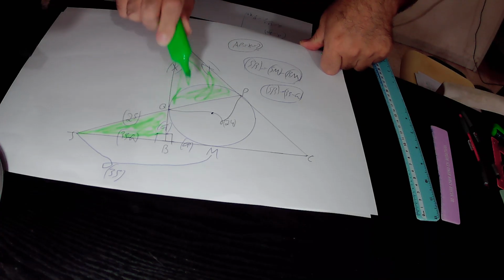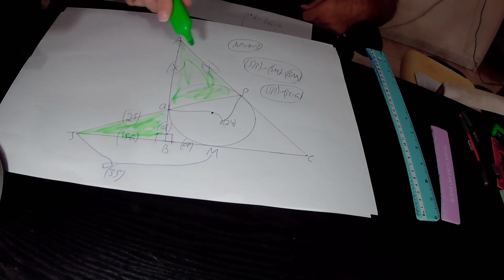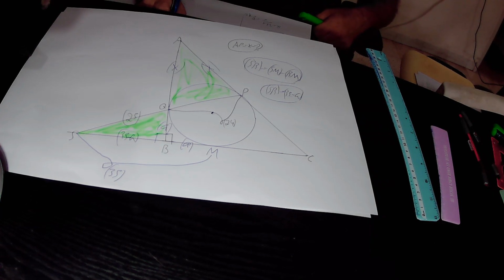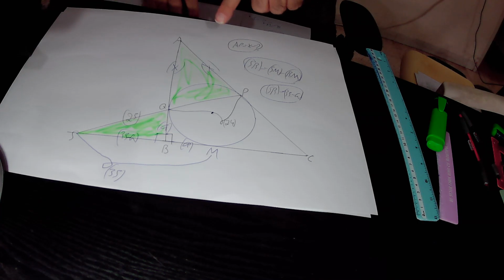This triangle AQP is an isosceles triangle because side AQ equals side AP. QP is the base of the isosceles triangle AQP. So in the next step, we will do a construction. From the vertex A, we will draw a perpendicular on the base QP.